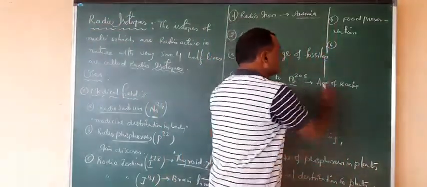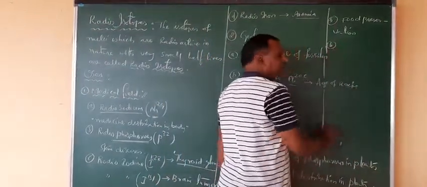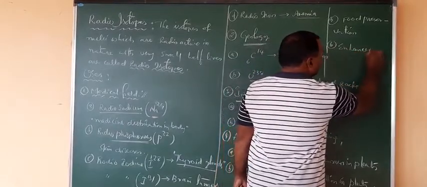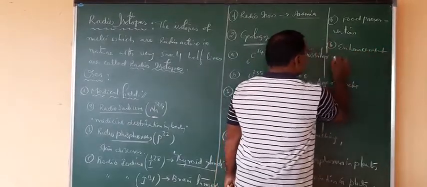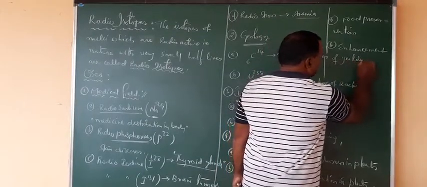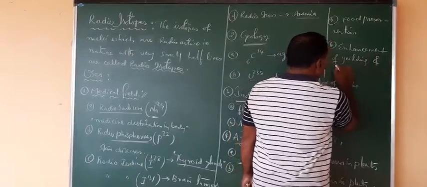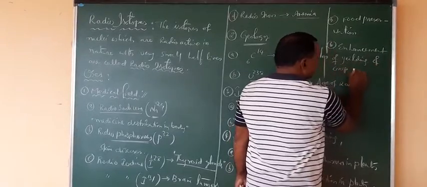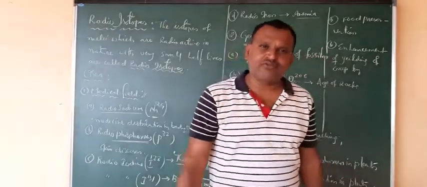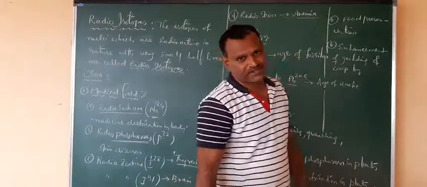That is the sixth one. I can write it as enhancement of yielding of crop by irradiation of radiation from radioisotopes on the seeds of the plants.